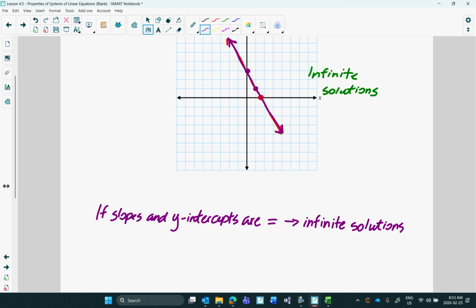So that's how we can find how many solutions a system has just by looking at their equations without having to graph. Okay? So let's look at a couple of practice examples.